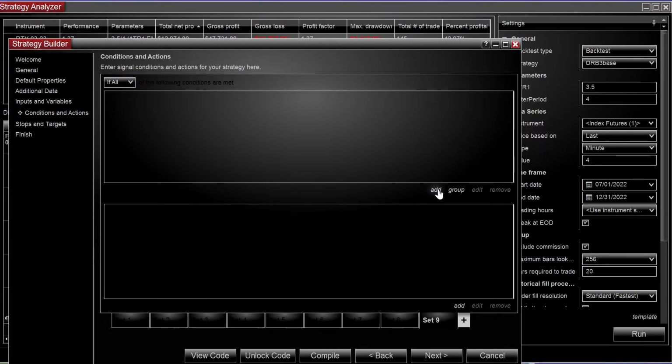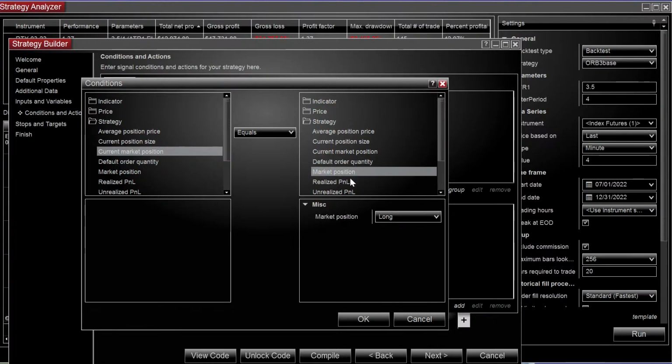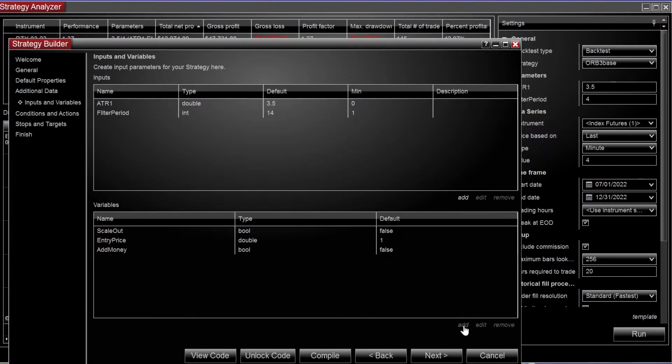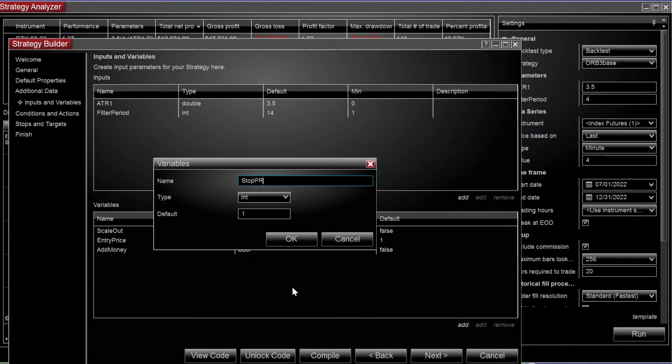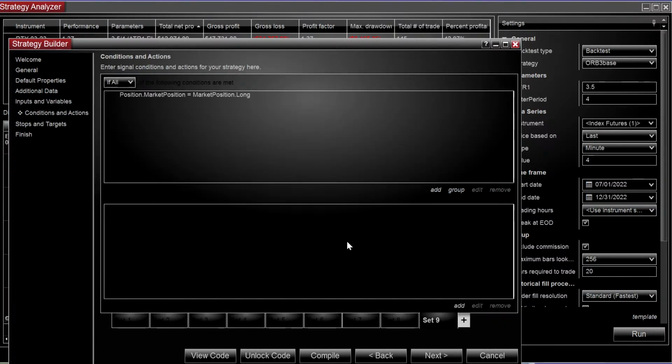We're just going to say strategy current market position equals long. Gotta add a variable. We're going to call it stop price. I'm going to make it a double. There it is. Back to conditions.